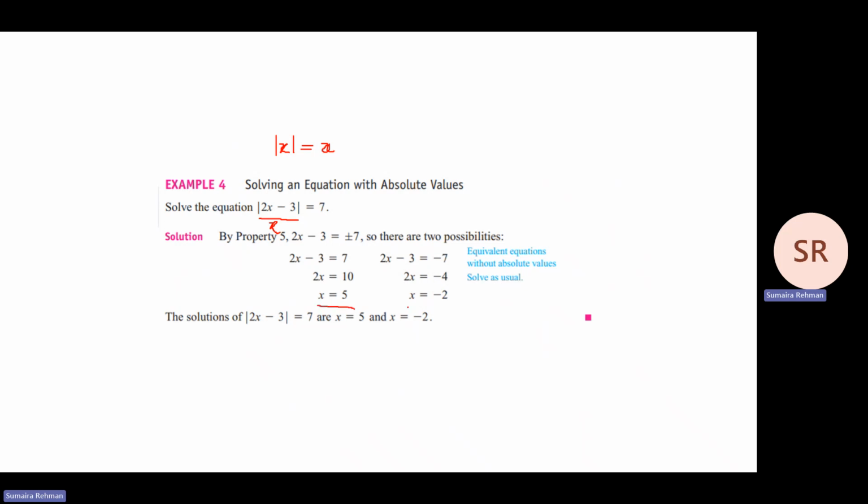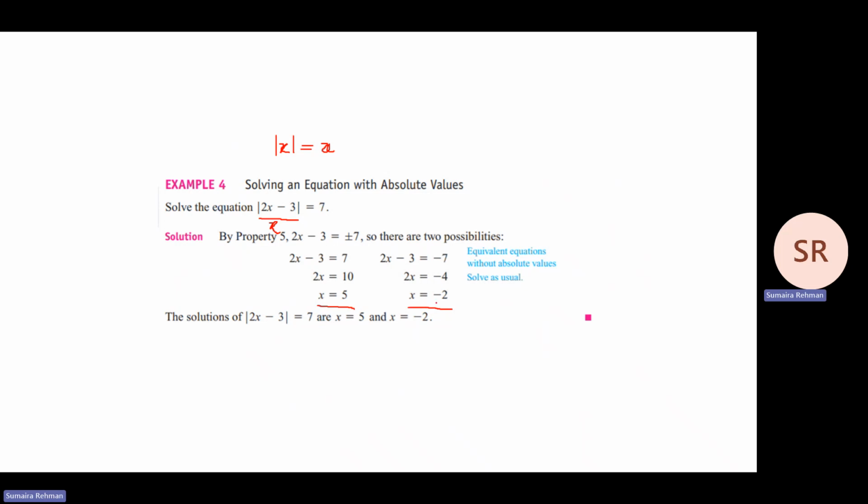You can find here, these are the solutions. Both will satisfy this equation. If you substitute these values, x as 5, into here, you will get 7 minus 3, 10 minus 3. So that would be equal to 7, and the left hand side will be equal to the right hand side. So if you substitute 5 here, you will get 7.